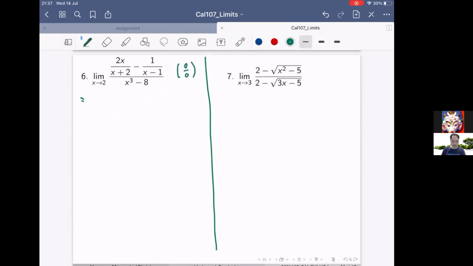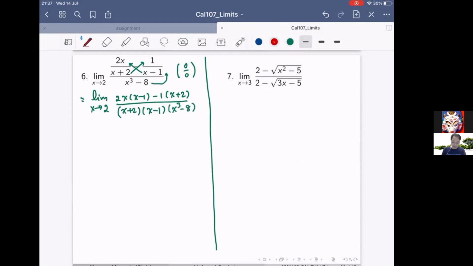So can we simplify a little bit? You do this one first. Here you have 2x, x minus 1, minus 1, x plus 2. You do the cross multiply over x plus 2 and x minus 1. Because this one is divided, you need to divide it more by x cubed over 8.